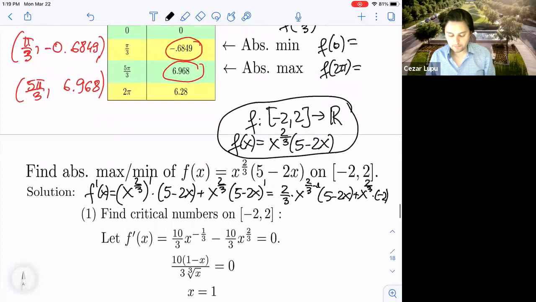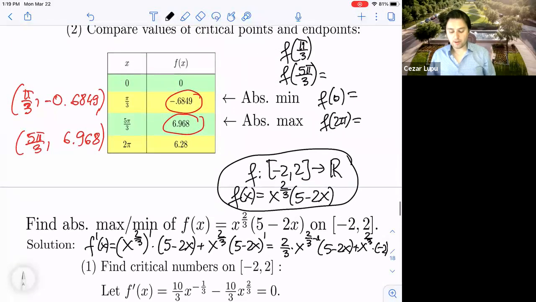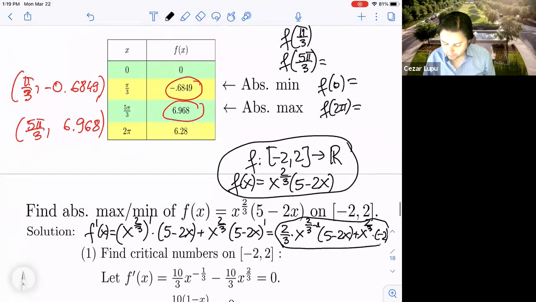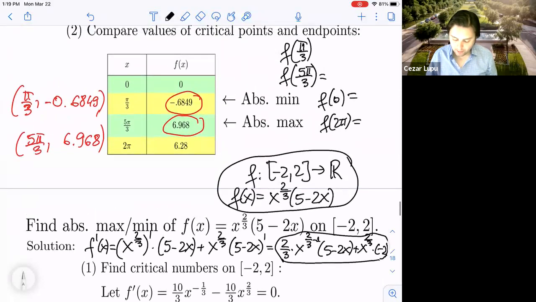Which will give us, if you look at all this mess here, this guy here.